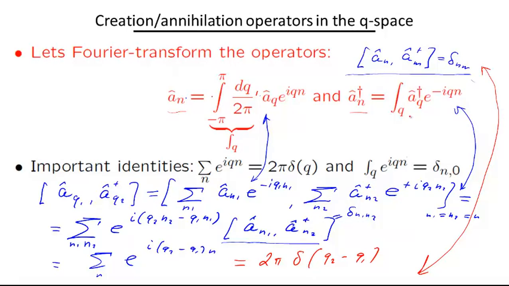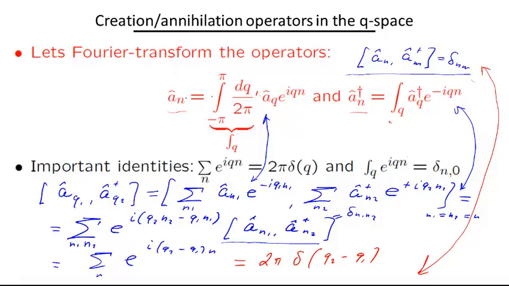So these guys are not local in space. They instead create waves with a certain wave vector, and q basically is the wave vector. Here again I'm using units where lengths are measured in units of the oscillator length, the distance between neighboring equilibrium sites. But in any case, this is really the interpretation of what we're doing.